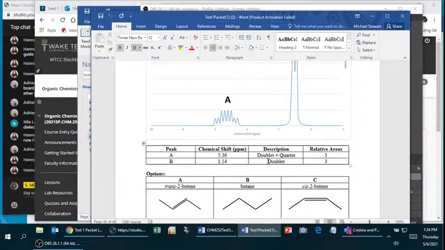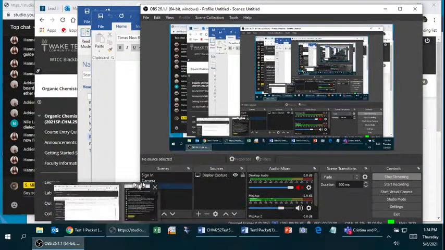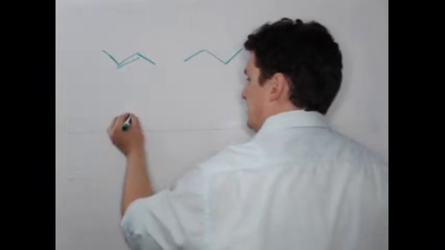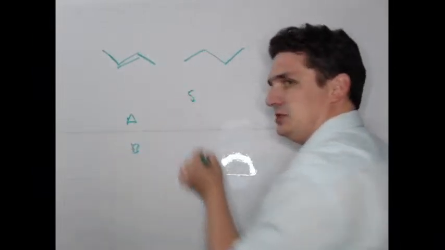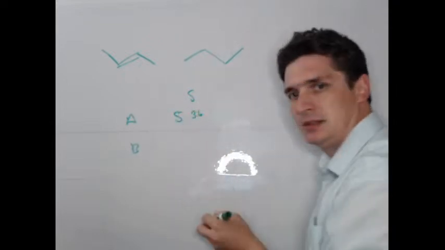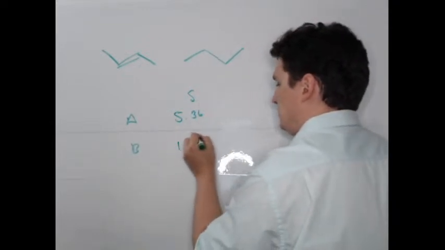So I'm going to draw them up on the board behind me. So we've got 2 peaks, A and B, with chemical shifts 5.36 and 1.54.